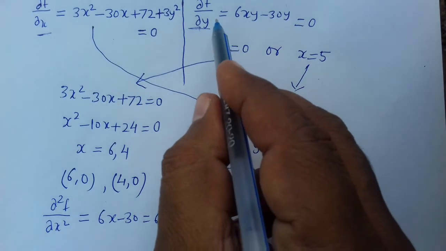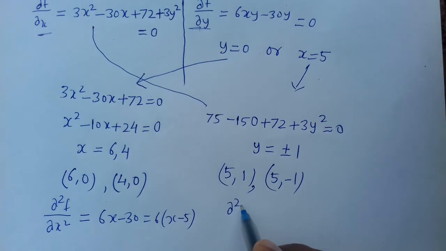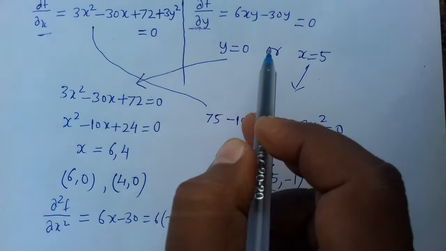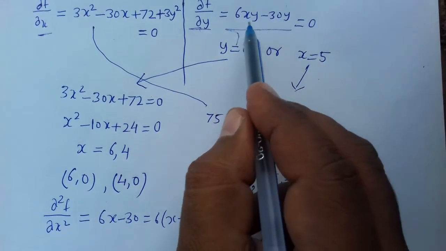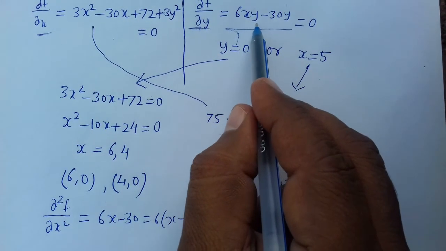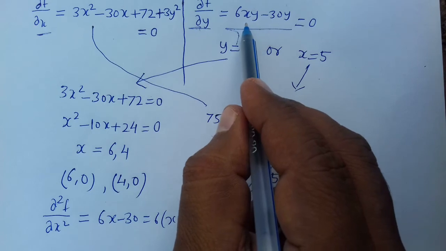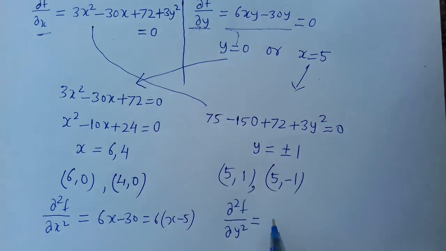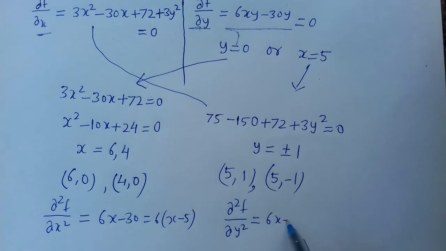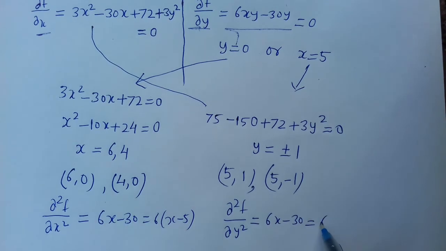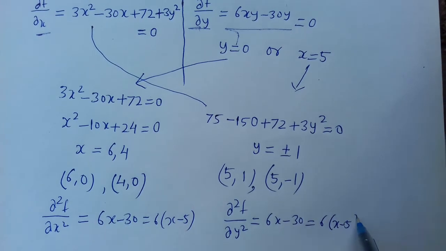And if you find del square f by del y square, then if you again differentiate with respect to y, here will be 6x minus 30, that is 6 times (x minus 5).